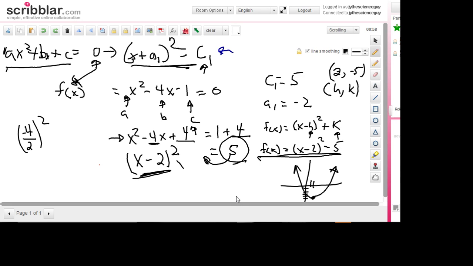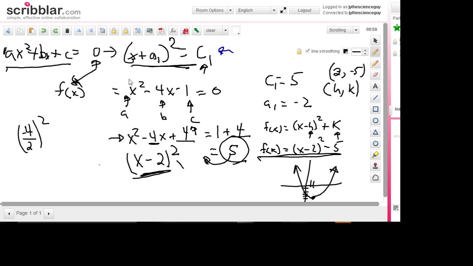Okay. Sounds good. I don't want to put too much on you, so let's just make sure you understand how to complete the square first. The reason that you're learning to complete the square is so you can find the vertex. That's the whole reason behind it. There's also a lot easier way of finding the vertex than completing the square, and I can show you that shortcut here in a second.